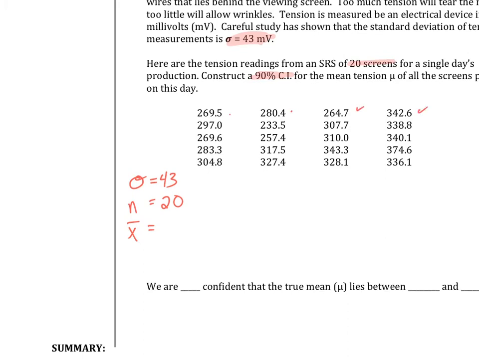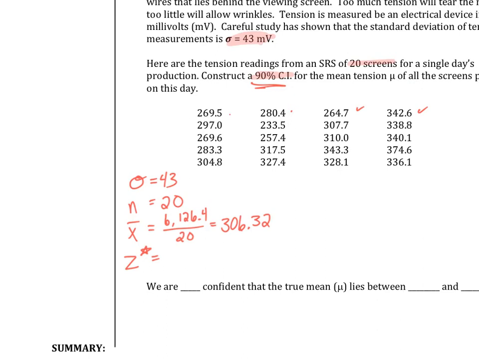If you add them all up, you will get 6,126.4. To find X bar, you will divide that by 20. 6,126.4 divided by 20 is 306.32.